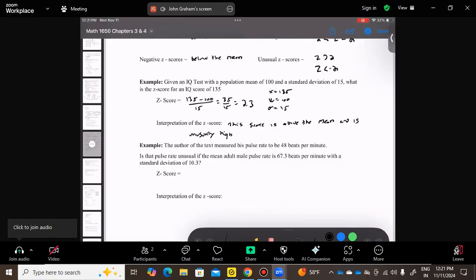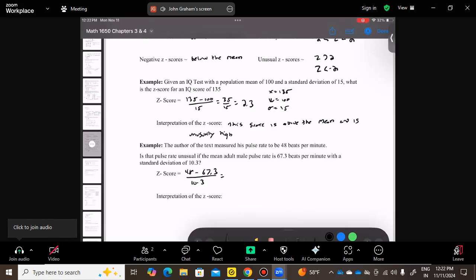The author of the text measures his pulse rate to be 48 beats per minute. Is that pulse rate unusual if the mean adult male pulse rate is 67.3 beats per minute and a standard deviation of 10.3? For this, our data value is 48 minus the mean, which is 67.3, over the standard deviation of 10.3.